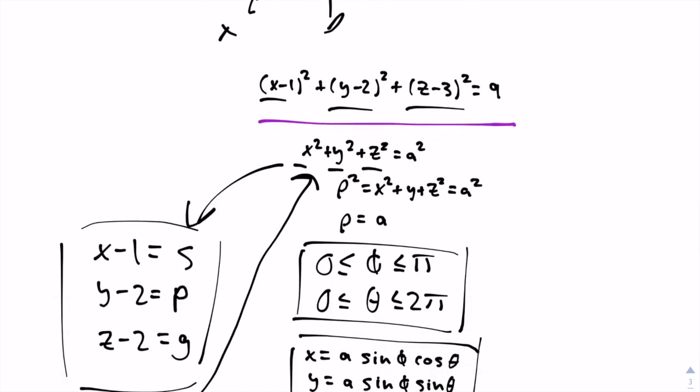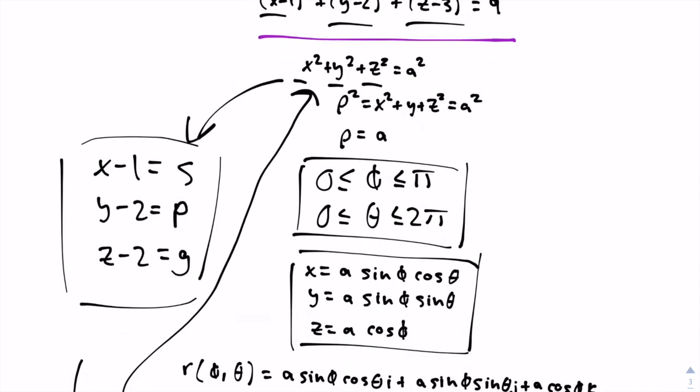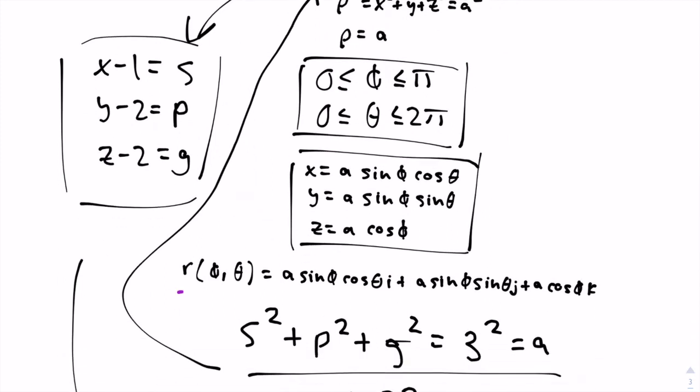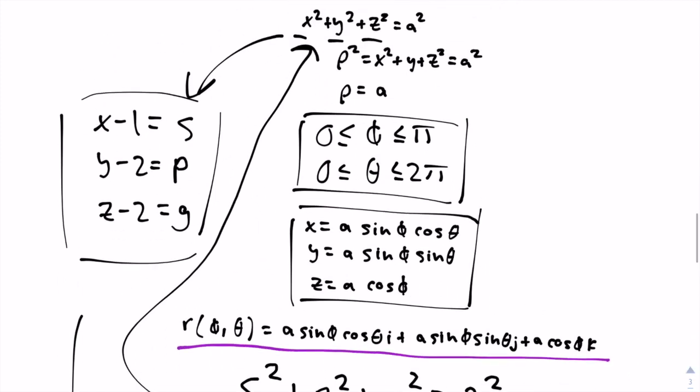Then we found the parametric representation for any arbitrary sphere centered at the origin with the radius a, and we found that it would follow this parametric equation.